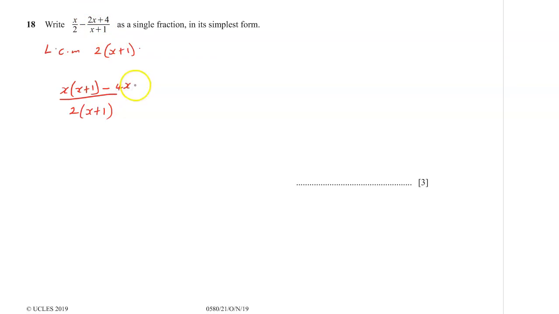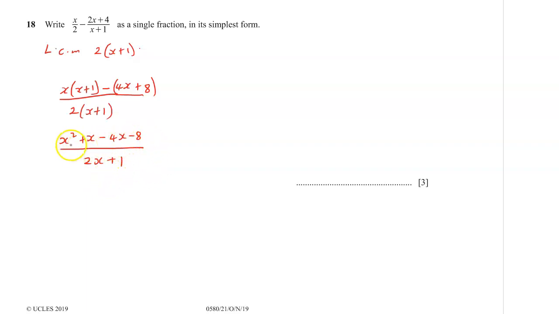2 times this, you get 4x plus 8, and this is in brackets. So now you can open the brackets of the numerator. So x squared plus x minus 4x minus 8, all of this upon 2, and open this bracket as well, 2x plus 2.